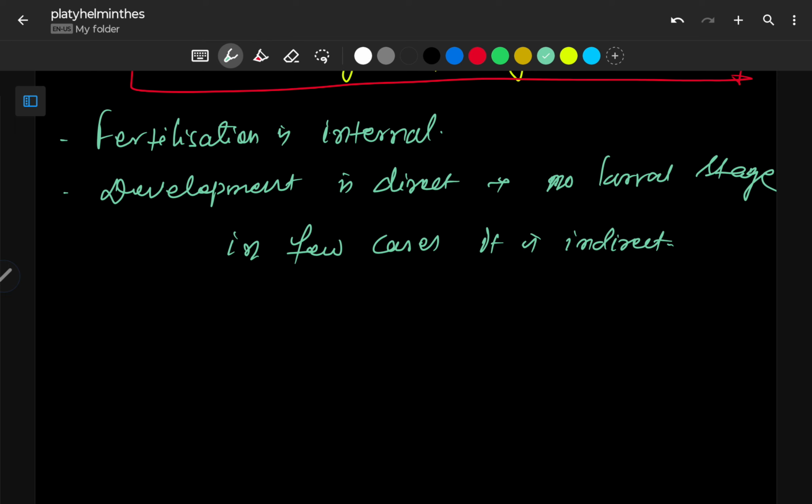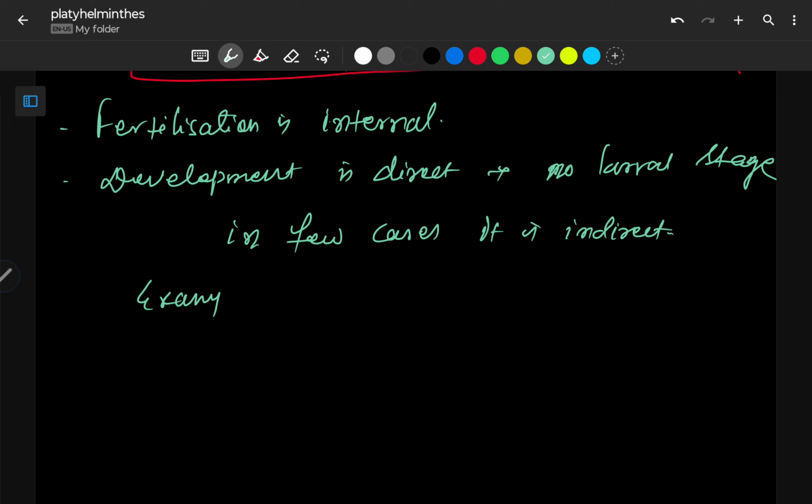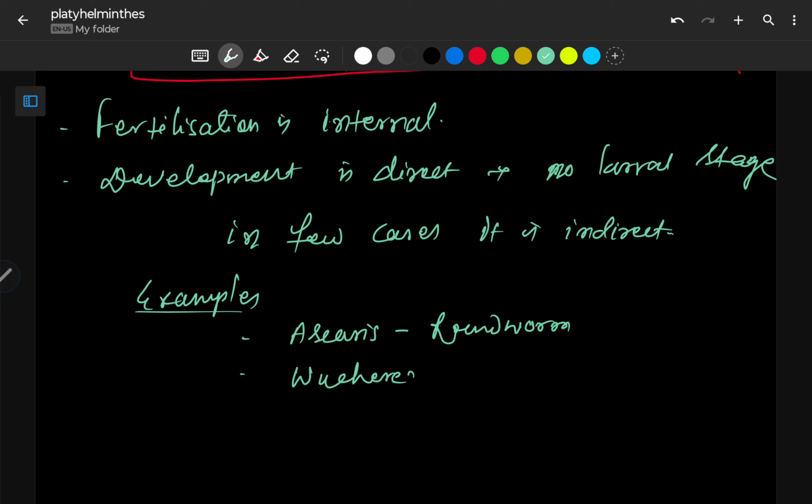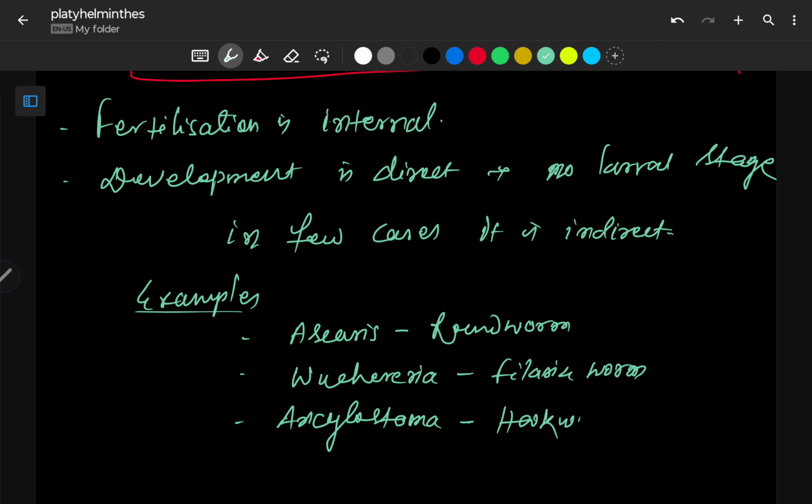Now come to some of the examples. The examples include Ascaris, that is roundworm, Wuchereria, that is known as filaria worm, Ankylostoma, which is called hookworm.